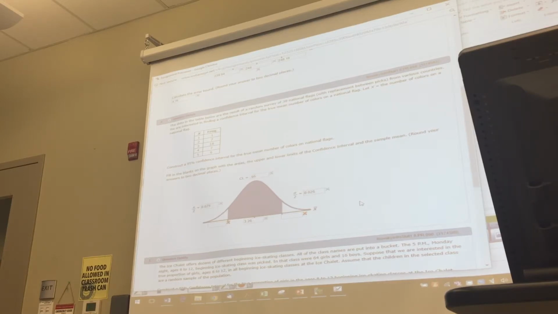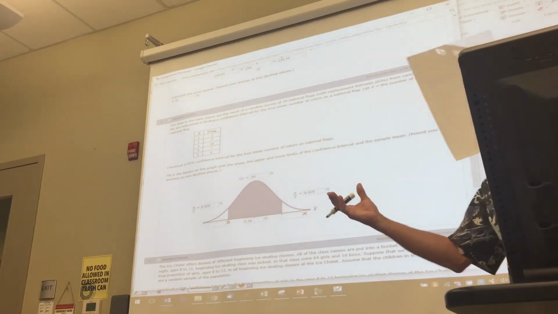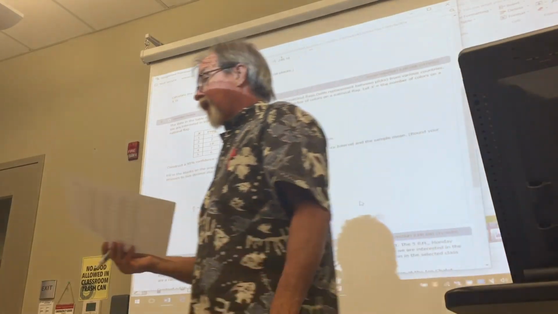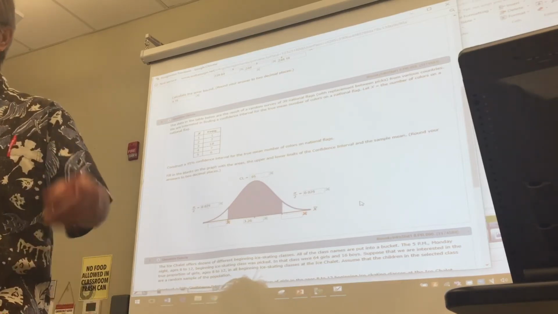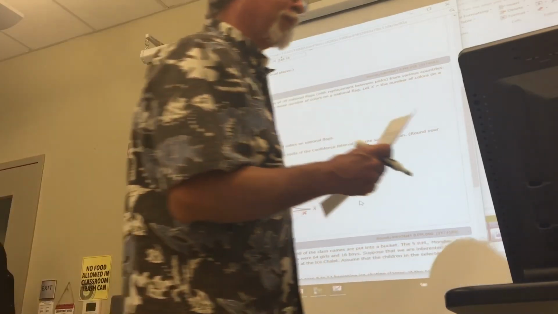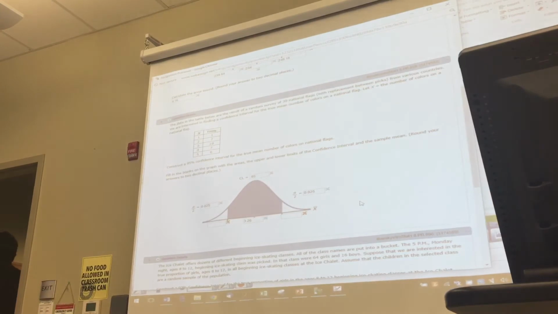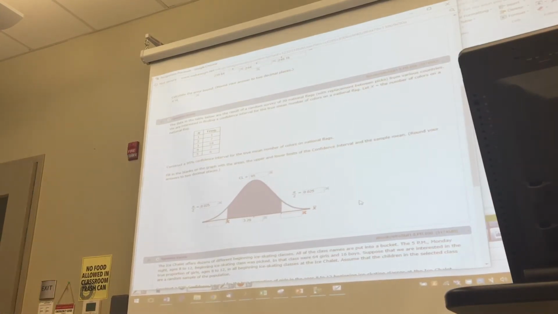For a 95% confidence interval, 40 is closest to 38. Degrees of freedom is n minus 1. So there's my table value.